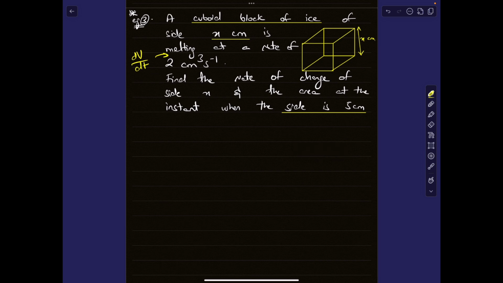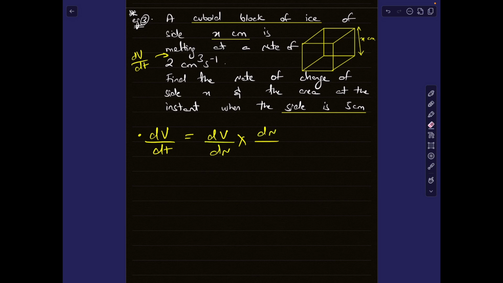Alright, we need to find the rate of change of side x. So we have three variables: dV, dt and x. So first of all, look into the chain rule. dV over dt, which is given, is equals to something like this.